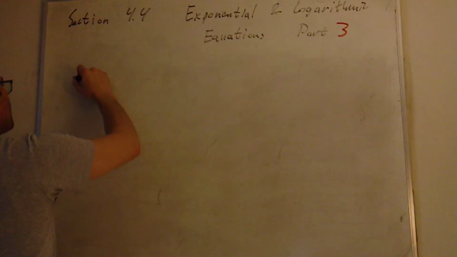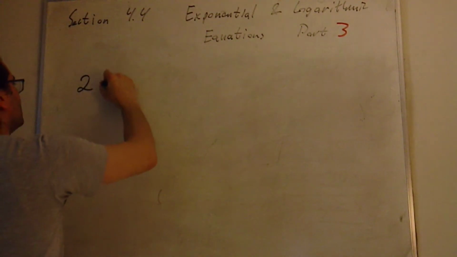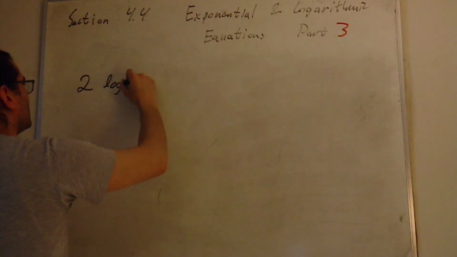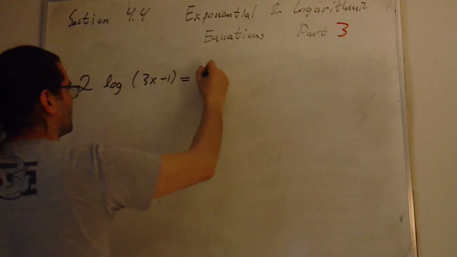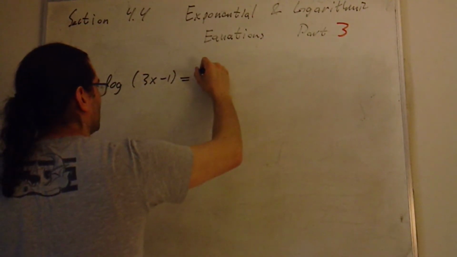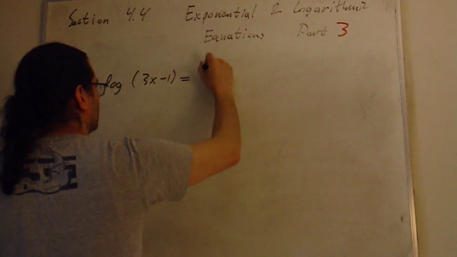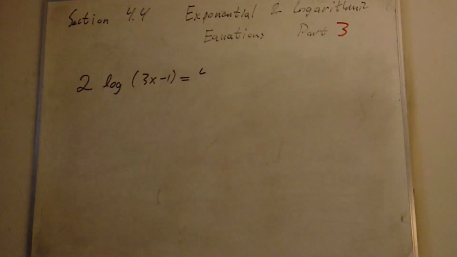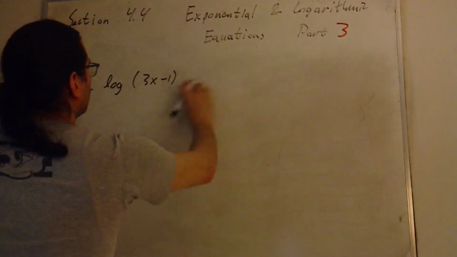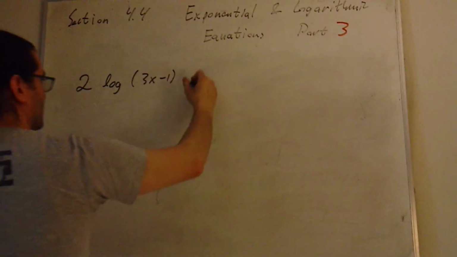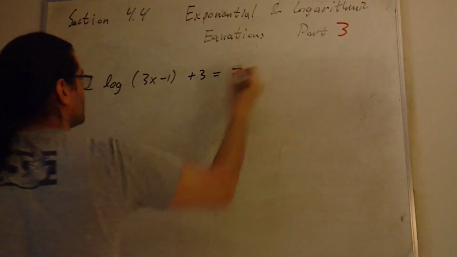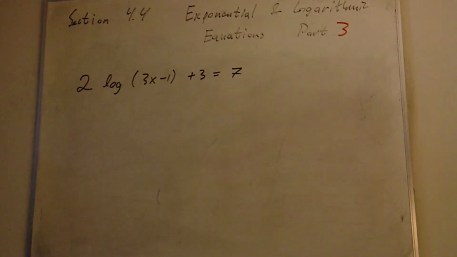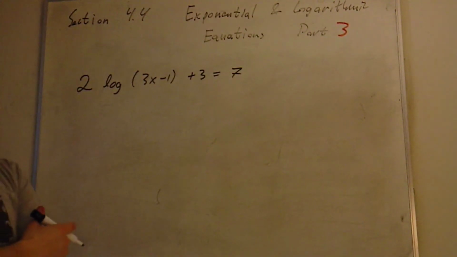Let's say 2 log of 3x minus 1 plus 3 equals 7. This is what I want to do for the vaguely weird example.